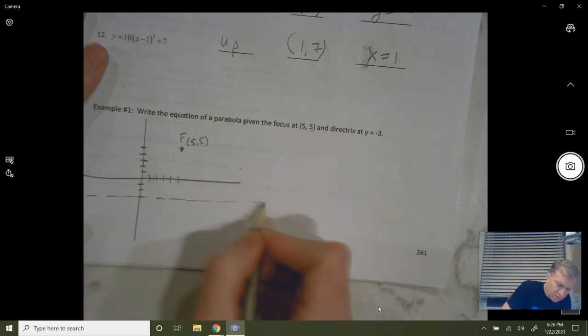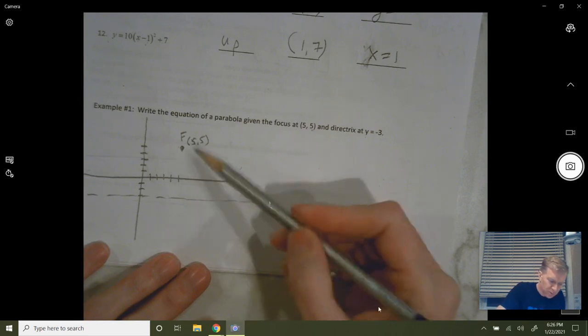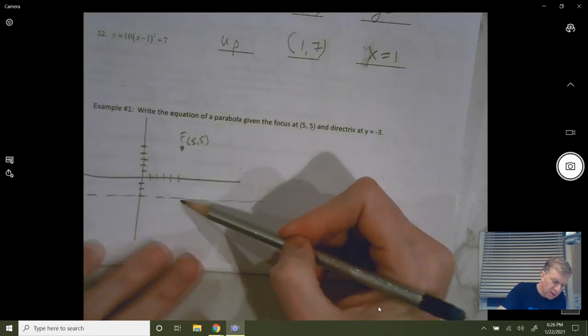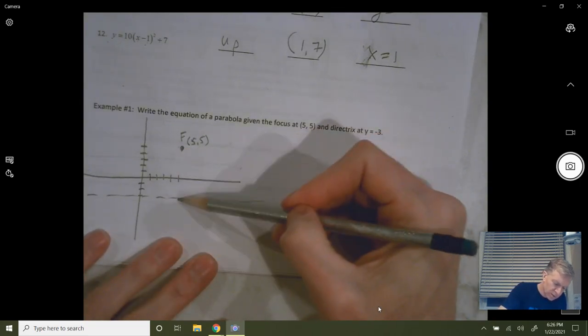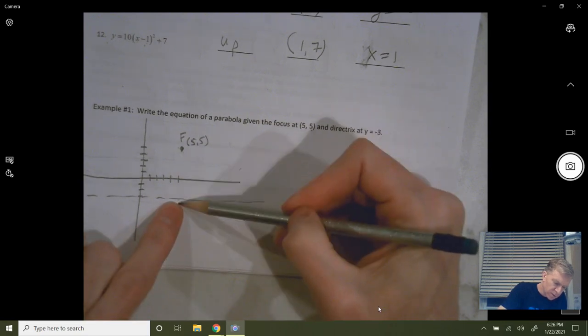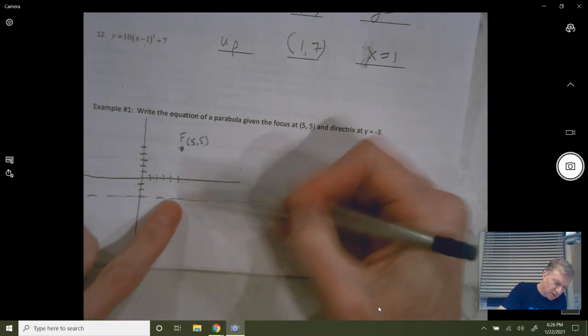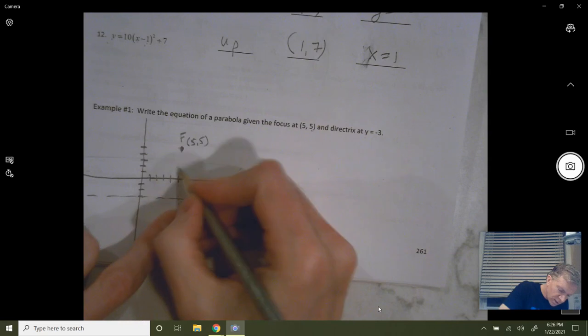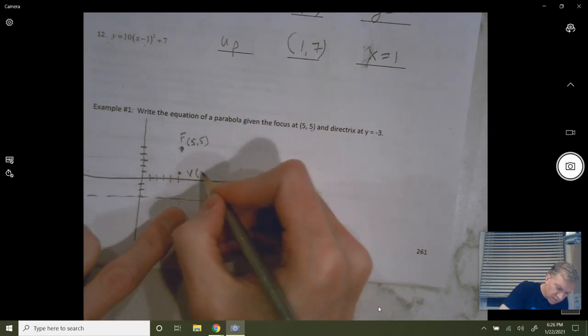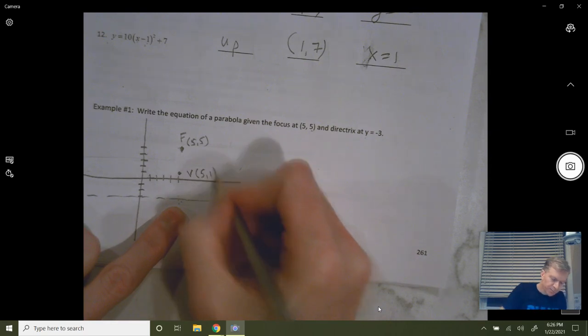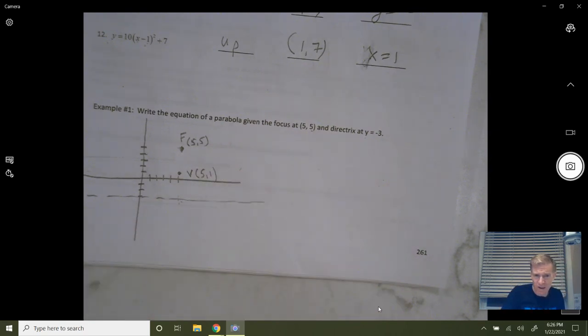Okay, so we need the set of all points that are equidistant from this fixed point and this fixed line. You find the midpoint of these two, equidistant. This is 8 away, so we'll go 4. This is going to be our vertex, which is at 5, 1. Now, I always like to draw that focal diameter and the focal radius.